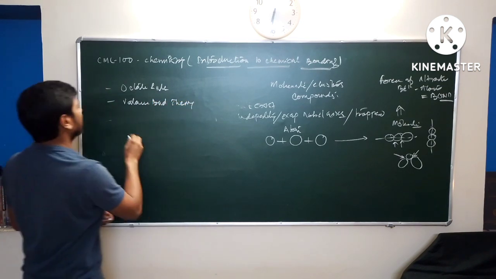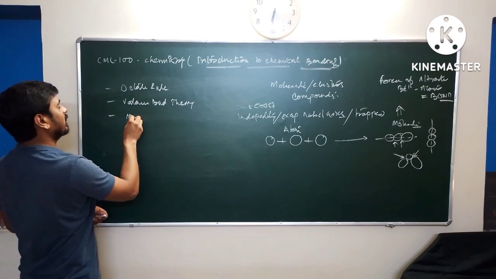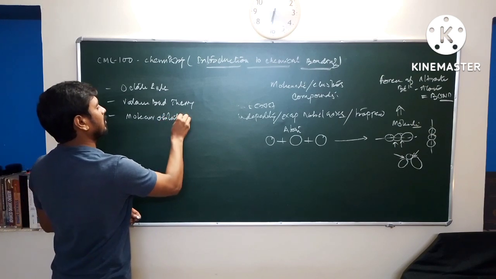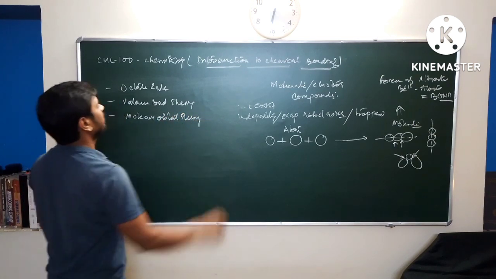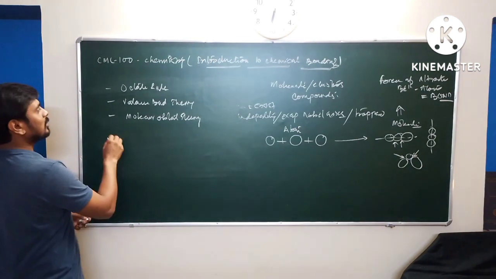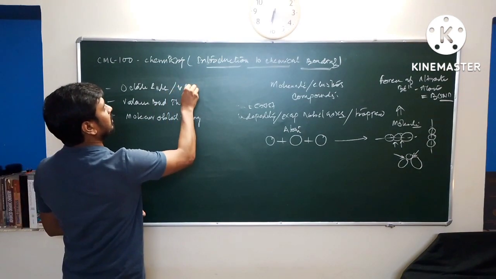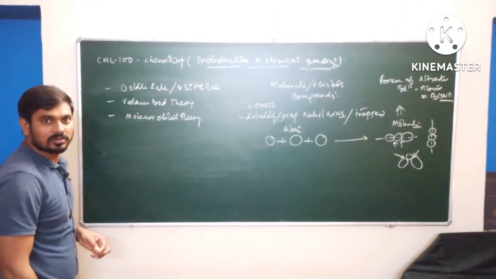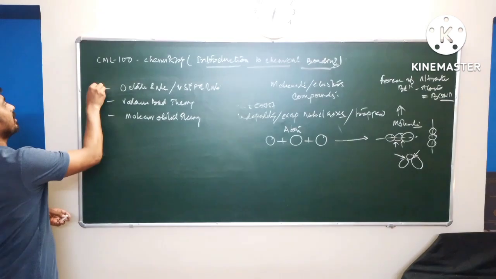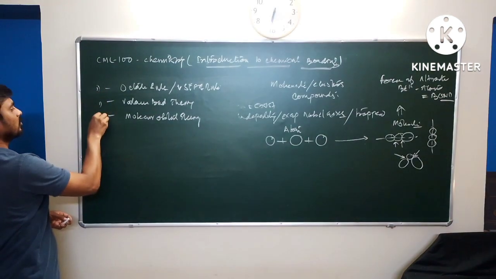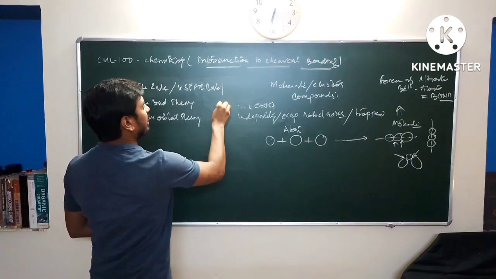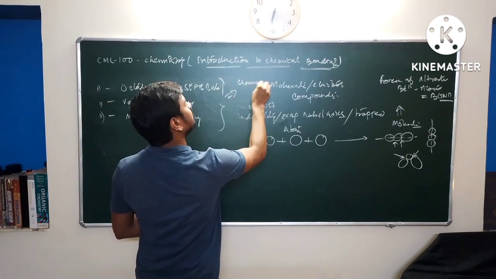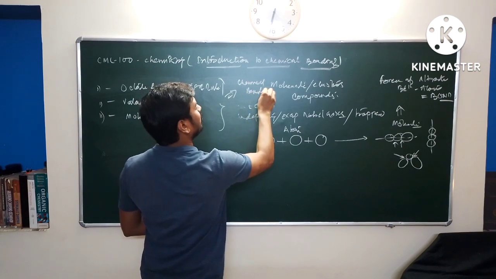And then you have probably learned molecular orbital theory. Okay, and you have also learned probably the VSEPR rule. See? Okay, these are the three prominent theories that deal with chemical bonding. These theories try to simplify the picture of chemical bonding as a whole.